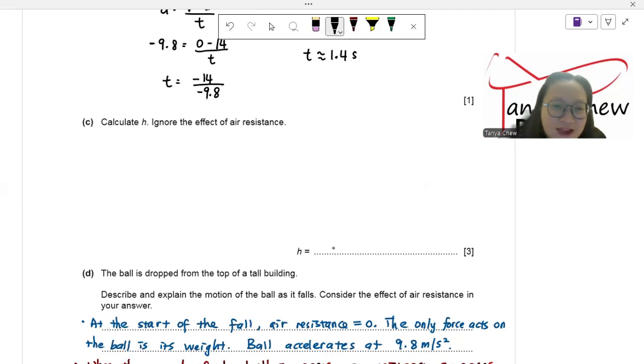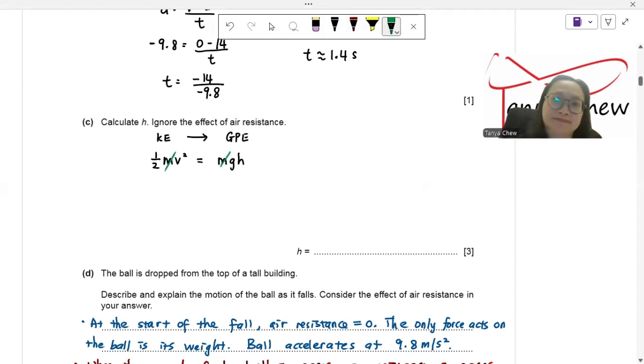So I will say that kinetic energy of the ball is being converted to gravitational potential energy of the ball. Now, all you need to do is just to recall the equation of kinetic energy, which is half mv squared is equal to mgh. Can you see that I do not need the mass of the ball because I can just cancel it off.